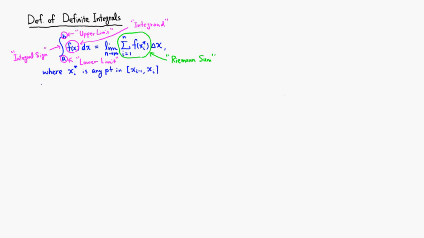Since this is a limit, unfortunately, the limit might not exist for some functions.